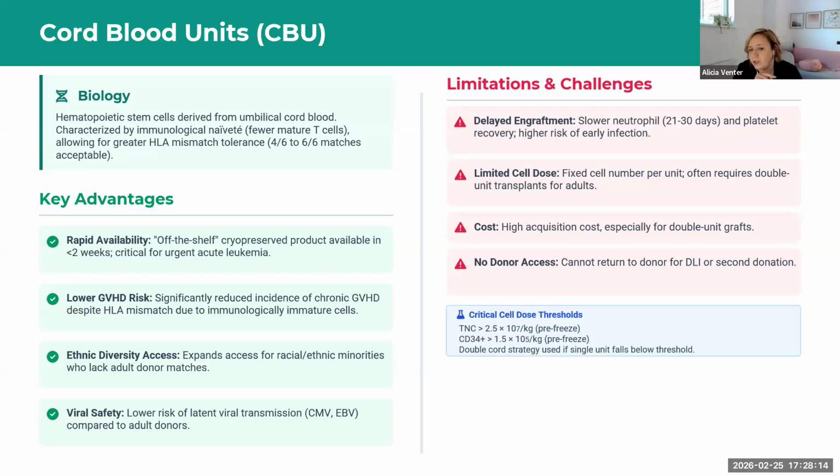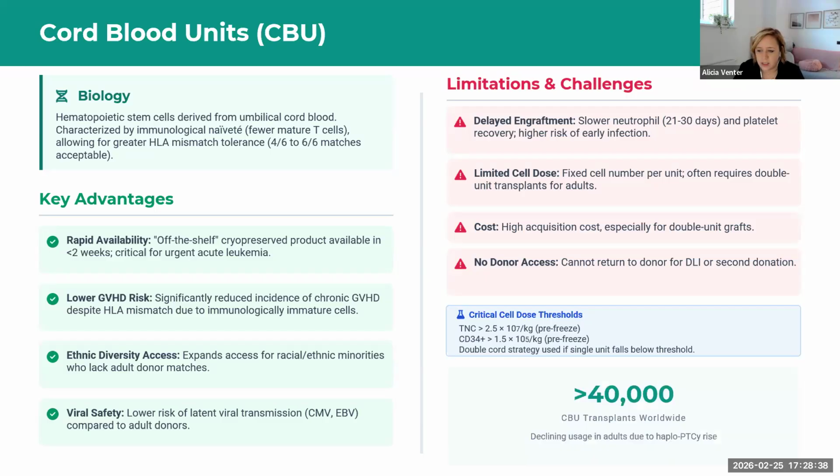And these are both pre-freeze values. If you look in the WMDA reports, you often have the pre-freeze value and the post-thaw value, and you should really be looking at the post-thaw value because there's always a viability issue when it comes to thawing cord blood units, or any cryopreserved unit for that matter.